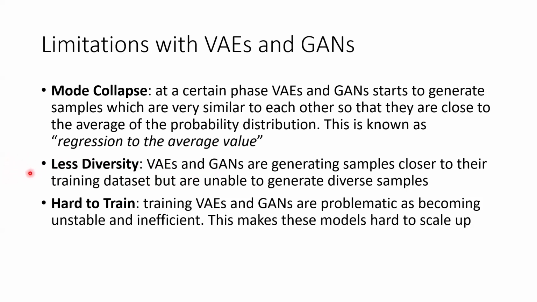So that is another drawback of VAEs and GANs, right? And when it comes to training, they are very computationally expensive, and stabilizing them is very problematic, especially with GANs. Because both the generator and the discriminator are training against each other, this system may get unstable.